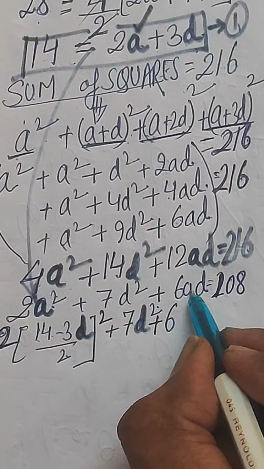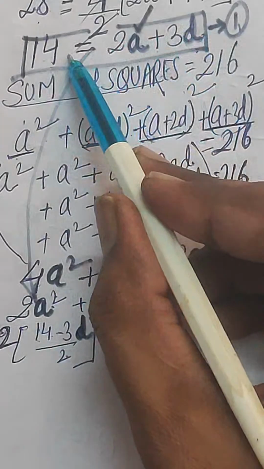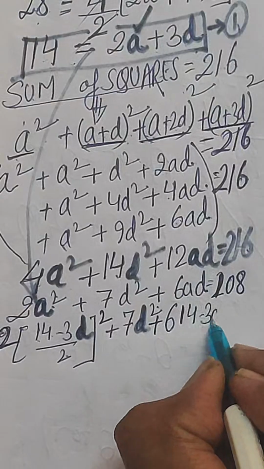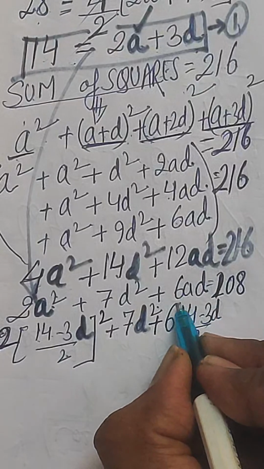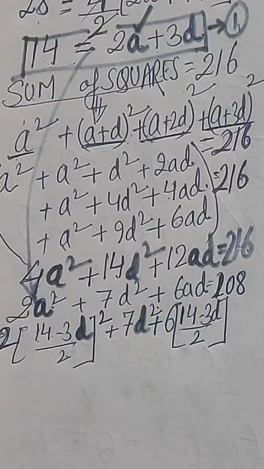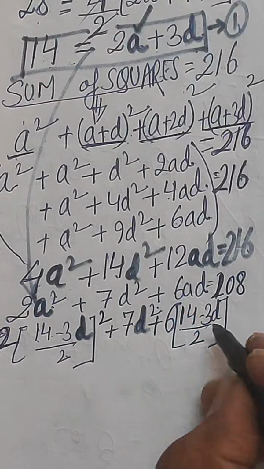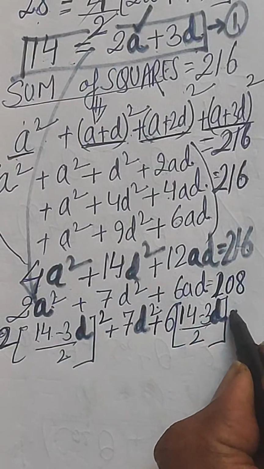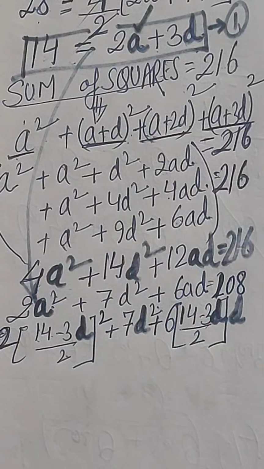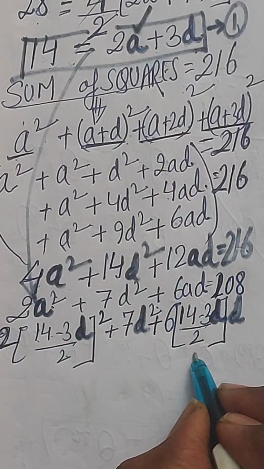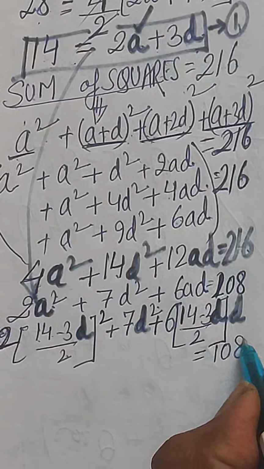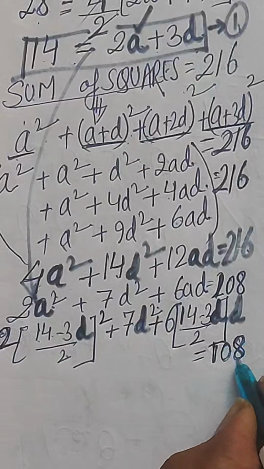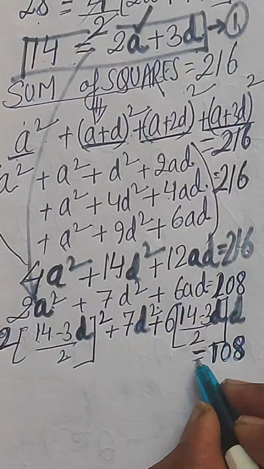So in place of a, we will write (14 minus 3d) by 2, and one d is already over here. I'm writing the variables in bold. All this will add up to give you 108.